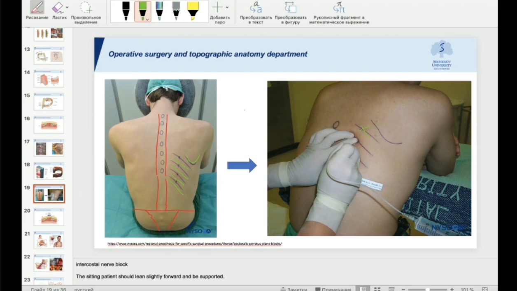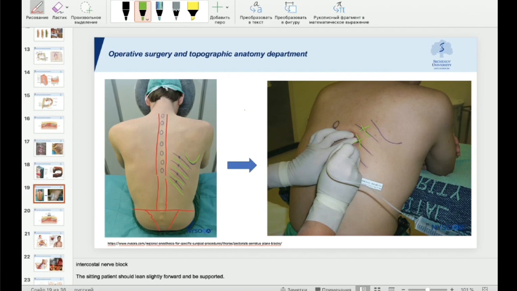Why do they have these signs? Which surfaces of the ribs were drawn in these pictures? We discussed already that we should find the upper surface of the lower rib.